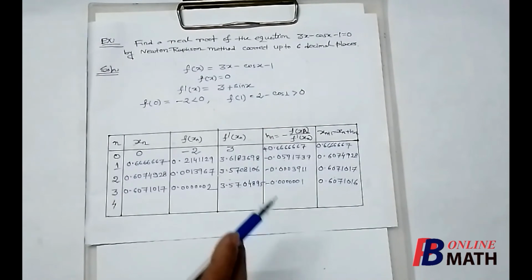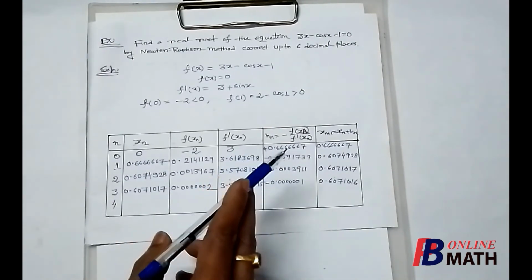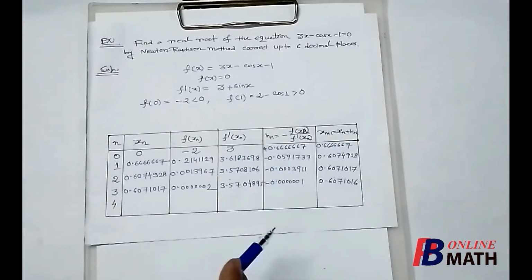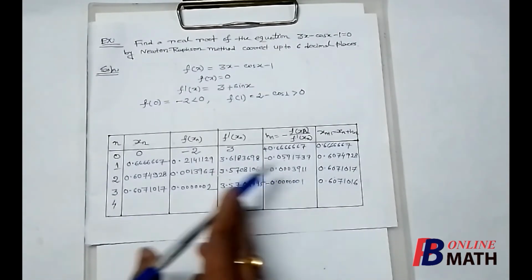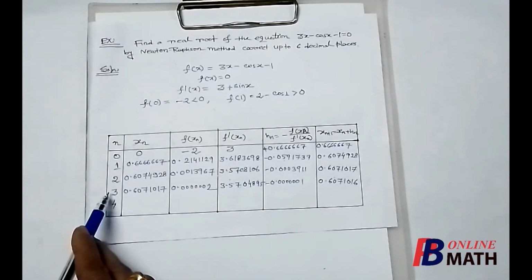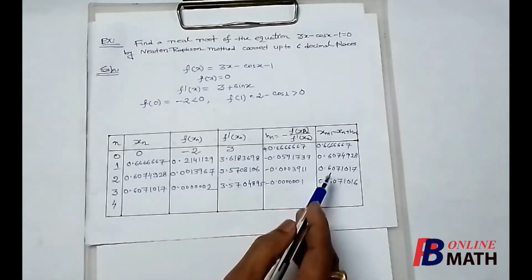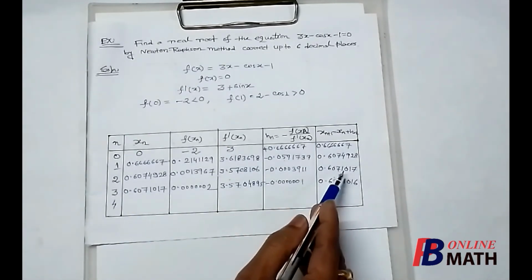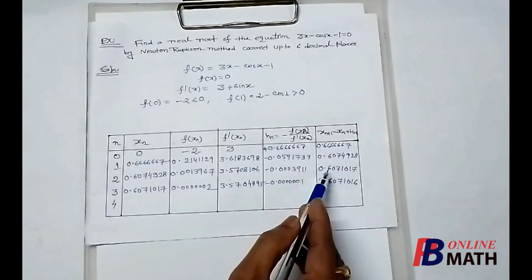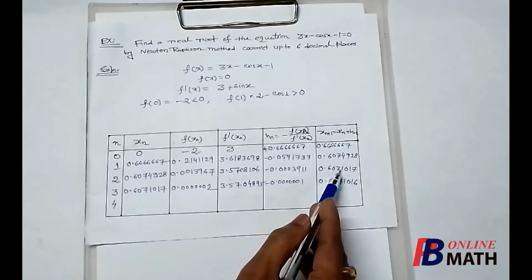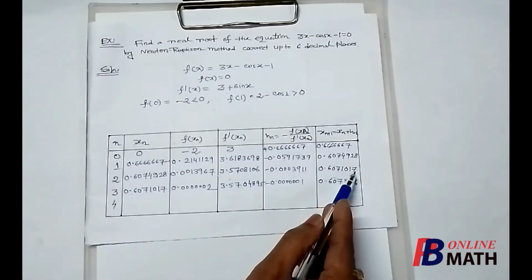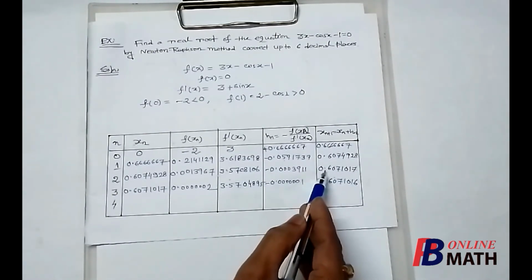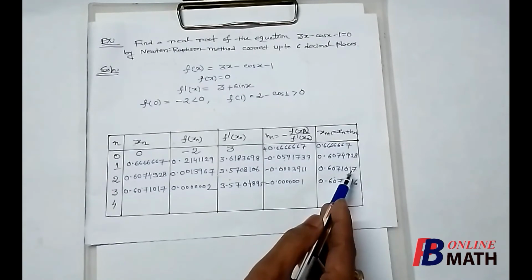Now we have to find the root correct up to 6 decimal places. Now if we check two consecutive values of xn plus 1 at the third step and fourth step, we find that this value correct up to 6 decimal places is 0.607102, because the next value is 7, which is greater than 5.